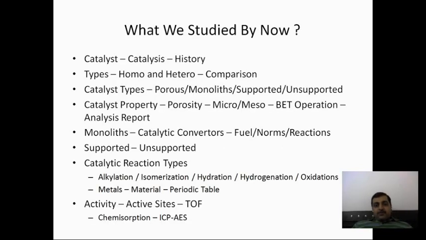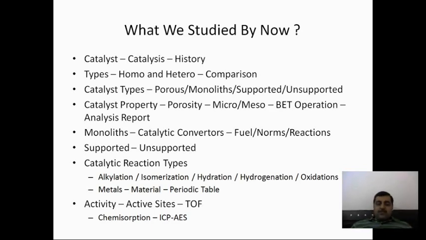To give a quick recap of what we have studied so far, we have dealt with what a catalyst is, what catalysis is, and its history. We have compared homogeneous and heterogeneous catalysts. We have seen the different types of catalysts applied in different catalytic reactions.